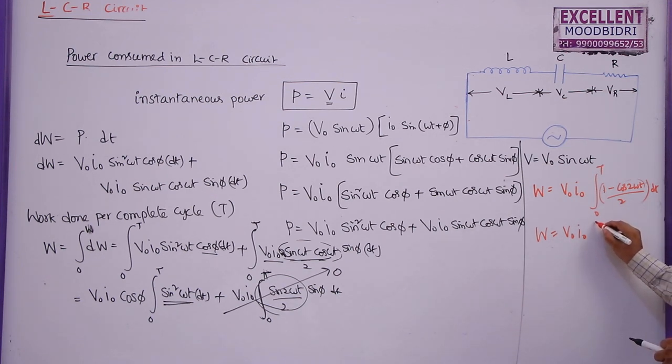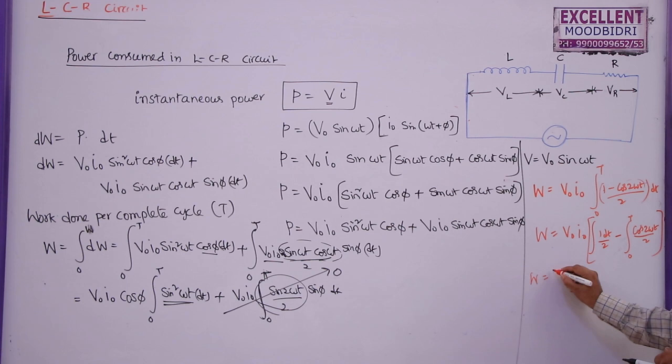This you can write as 1 by 2 dt minus the integral of cos 2 omega t by 2, from 0 to T. Now this work done can be written as V naught I naught.